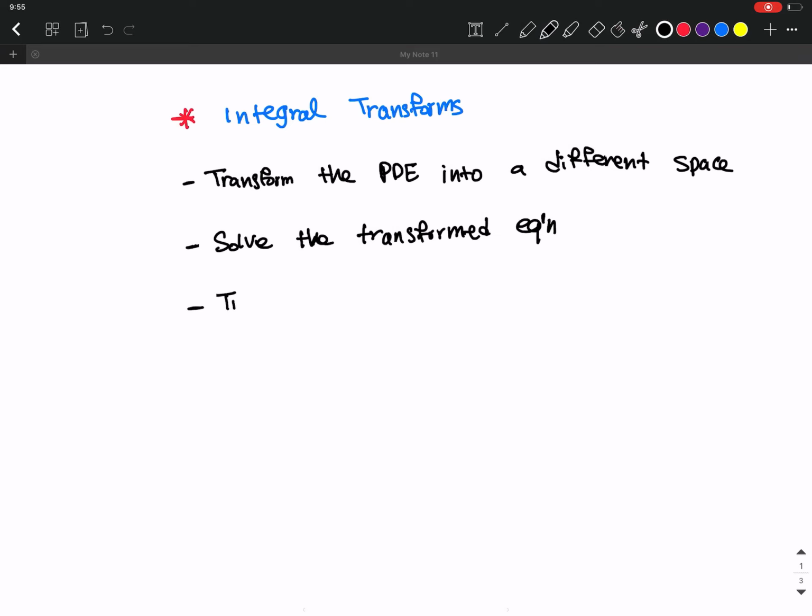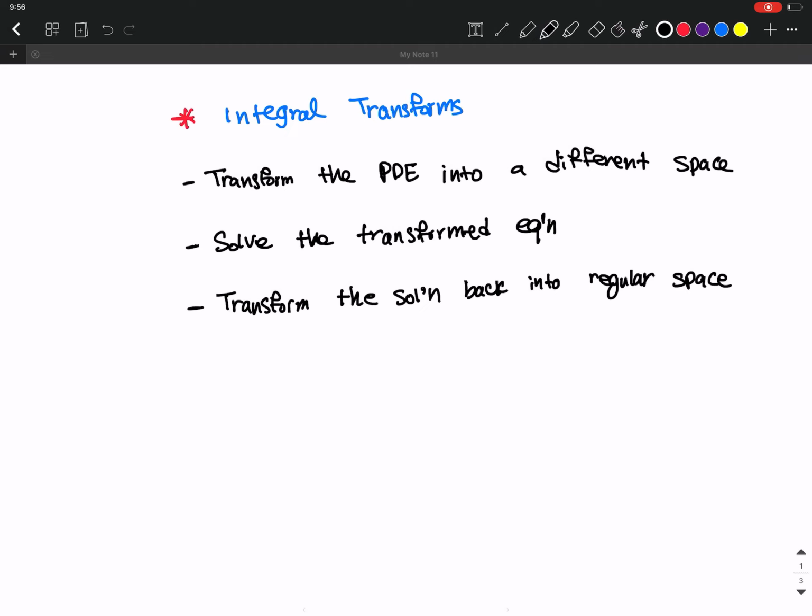So we transform the solution back into regular space, in the original space that we had the equation for.